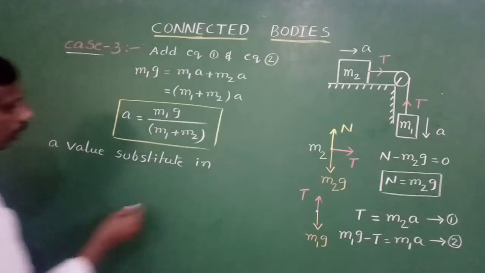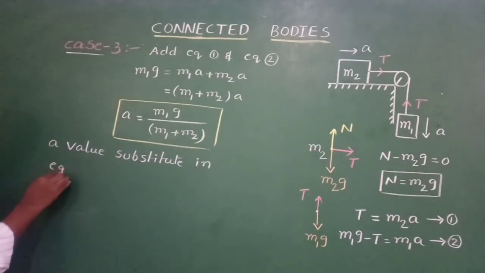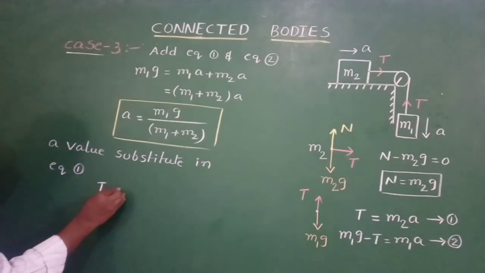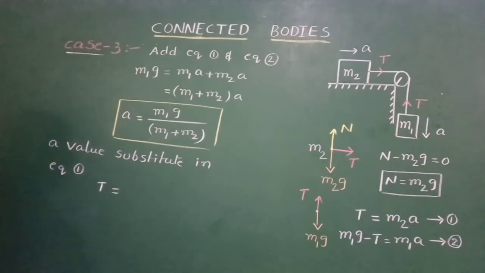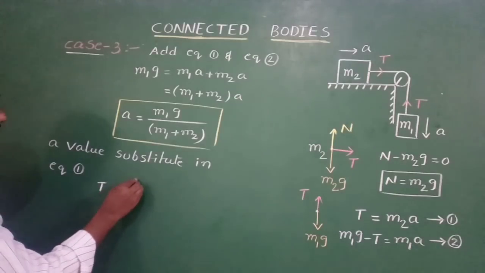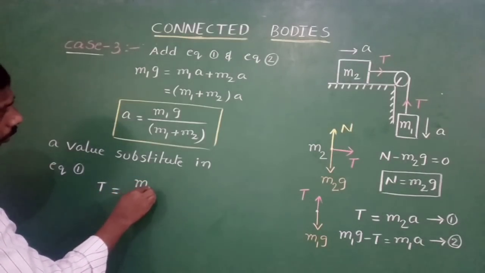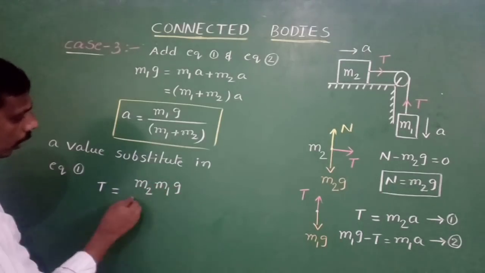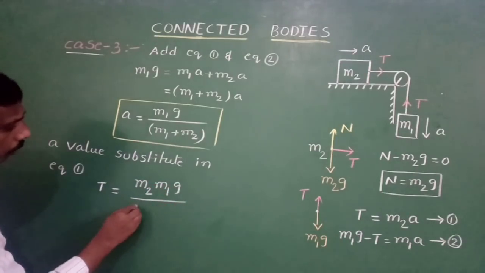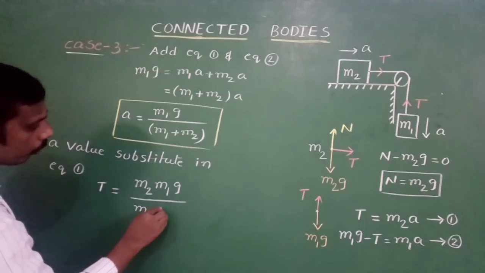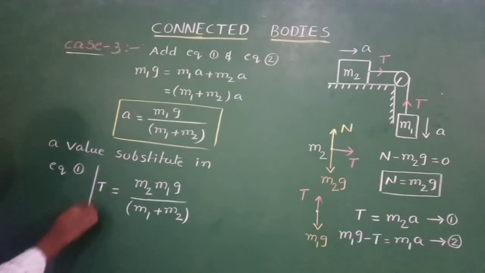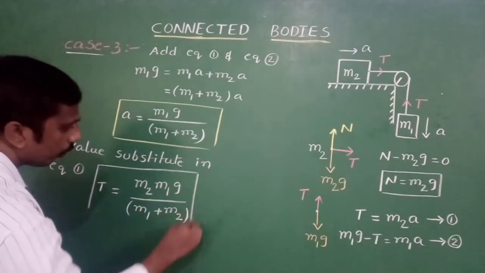From that, tension in the string T is equal to M2 into A. A is equal to M1 into G divided by M1 plus M2. This is tension in the string.